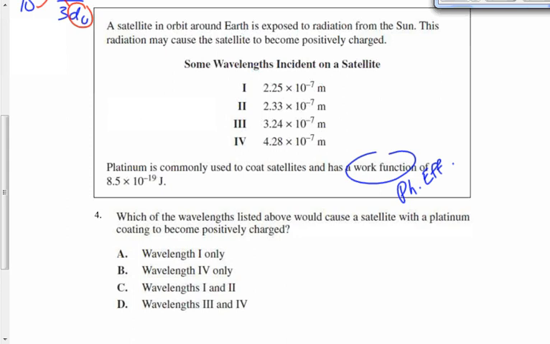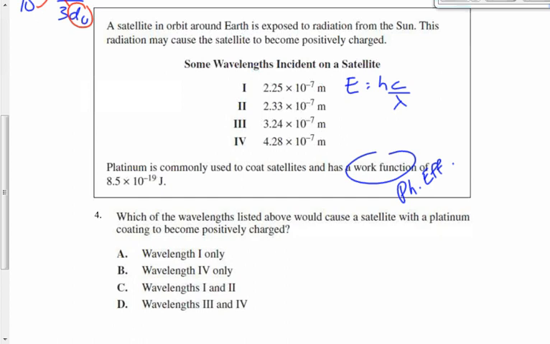Now we're going to solve this. Listen, in order to cause an electron to be ejected, and that's what we got to do to make this positive, we got to be above the work function. So let's find the energy of each of these. E is equal to hc over lambda. Get the energy. I don't know what they are because I don't have them all written down in front of me, but get the energy for each of them. If they're above the work function, electrons are ejected. It causes the surface to become positive. If they're below the work function, then electrons aren't ejected.